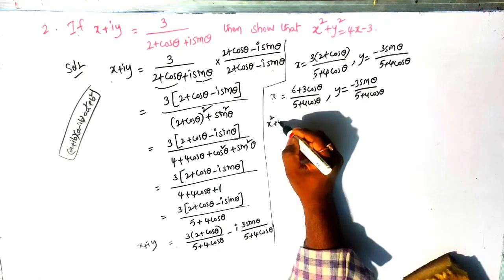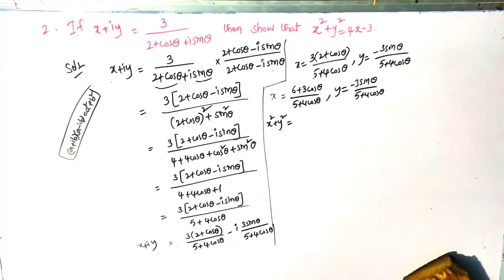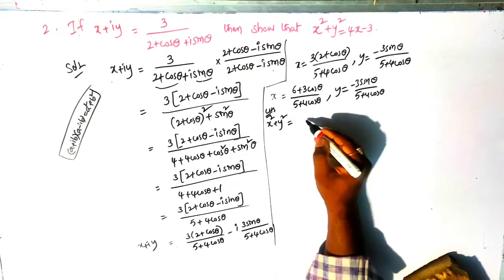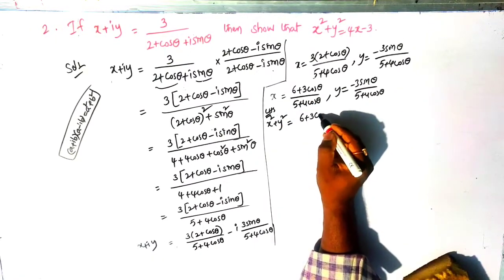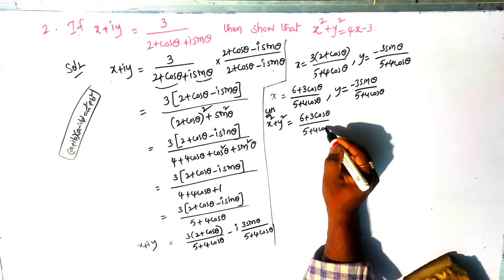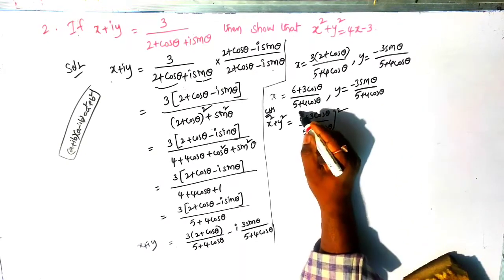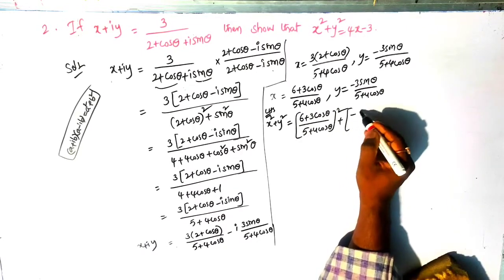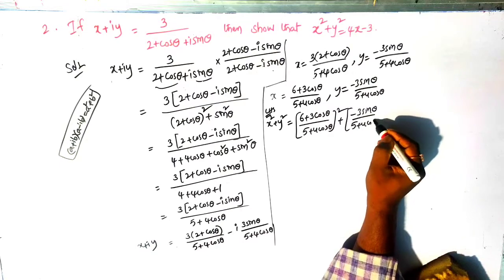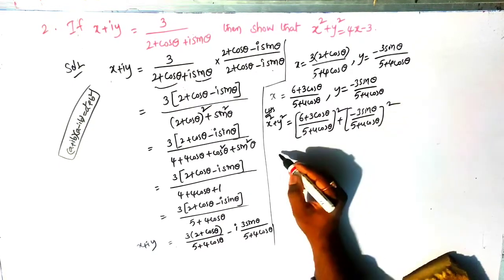Now x square plus y square we take here, LHS: (6 plus 3 cos theta) by (5 plus 4 cos theta) whole square, plus (minus 3 sin theta) by (5 plus 4 cos theta) whole square.